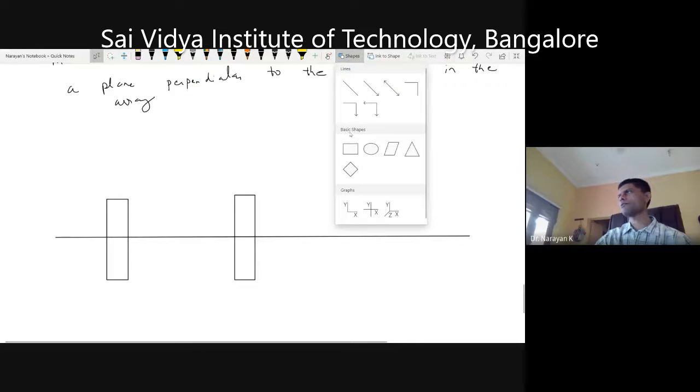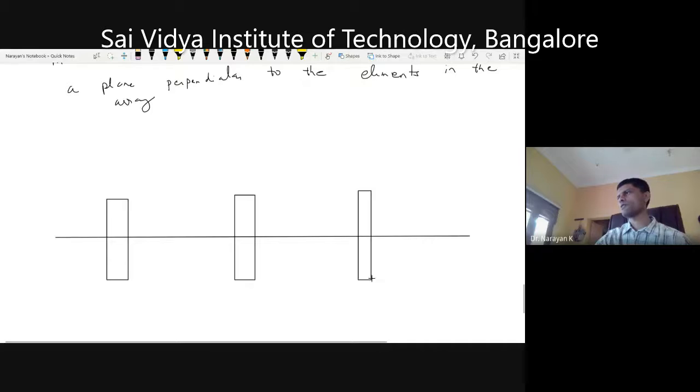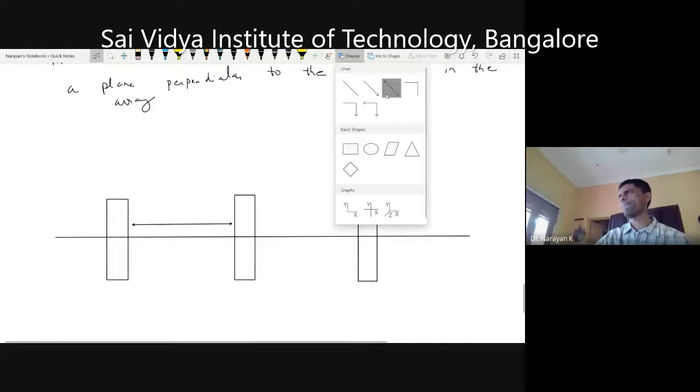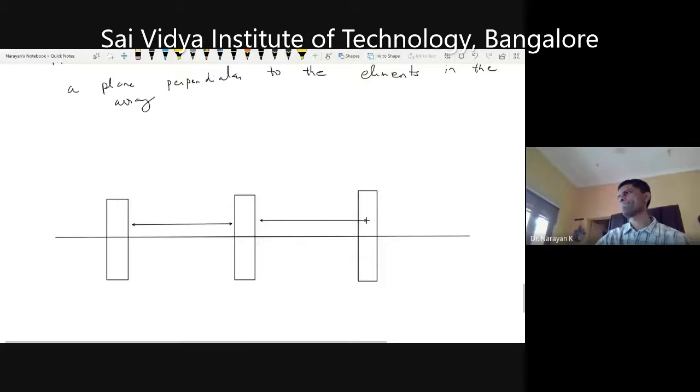These are your point sources, which are spaced at equal distance with respect to each other. This is your distance D. This is your antenna 1, this is your antenna 2, and this is your antenna 3.